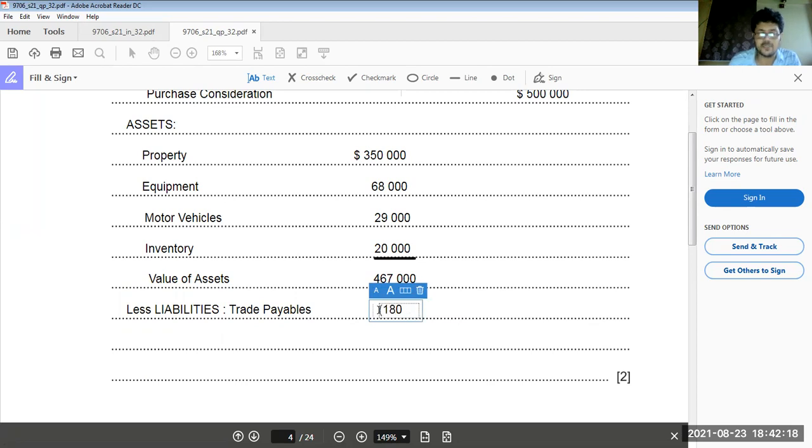Write it in brackets, so we deduct it. All negative figures should be written in brackets. So we will get the value of business over here. What is the value of business? 4,67,000 minus 18,000, value of business 4,49,000.